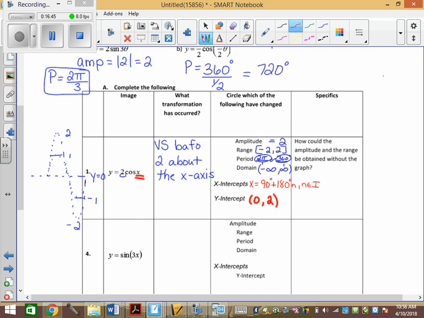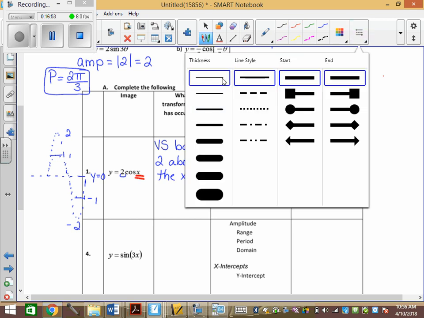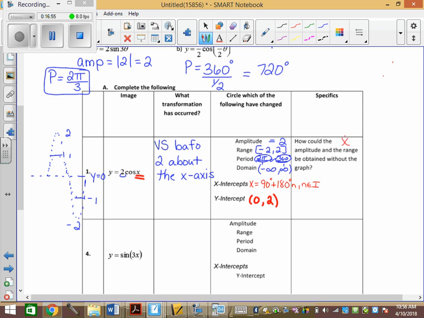How could the amplitude and the range be obtained without the graph? This is the key thing here. Pay attention. Okay. This is something that everyone forgets. We're going to star this so that we remember this little rule, because if they give us variables, this is the fastest way. In order to do the range, we need the maximum and the minimum, correct?